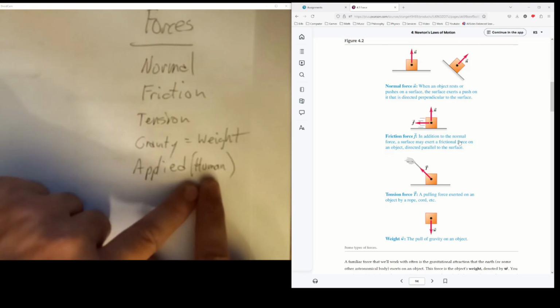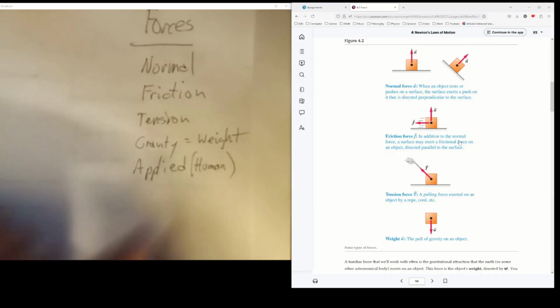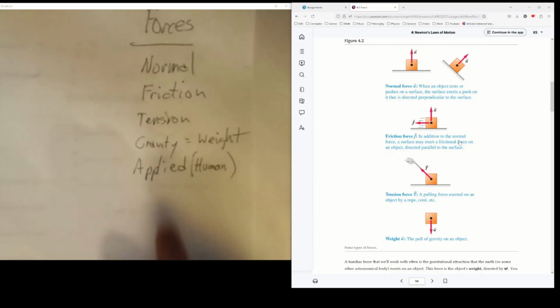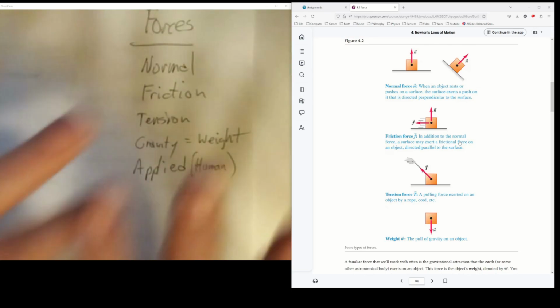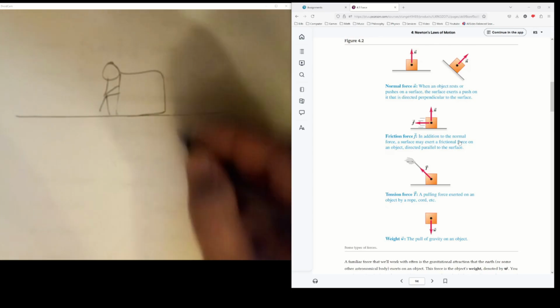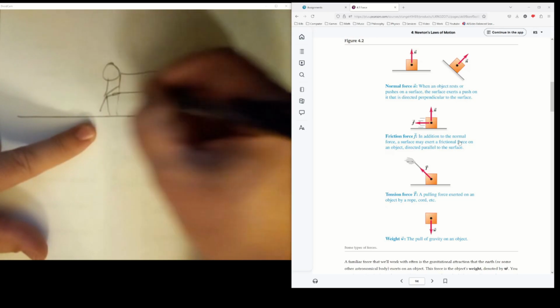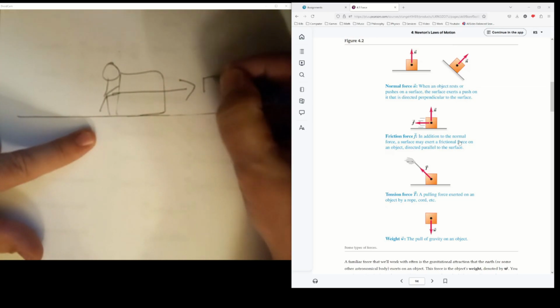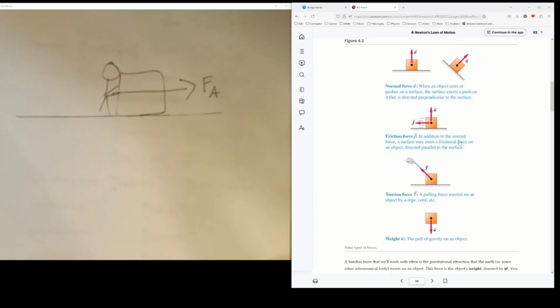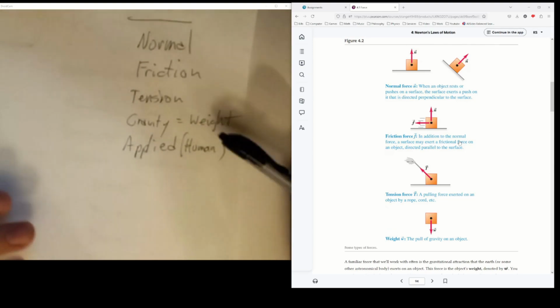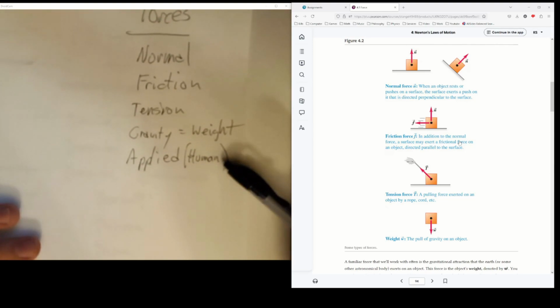So it could be some other conscious life form, but applied force usually means some human or maybe some life form has come in to push on the object or pull on the object. So if a human comes in and pushes on an object, that's what we would tend to call an applied force. And that's the last one I would add on to here.